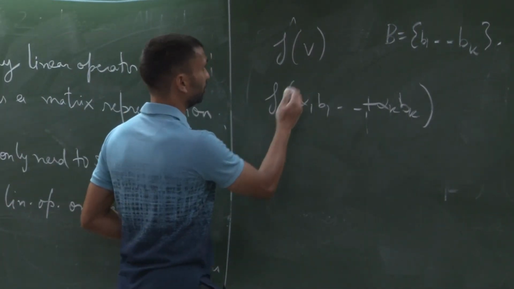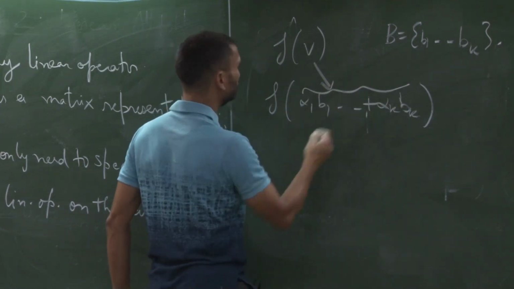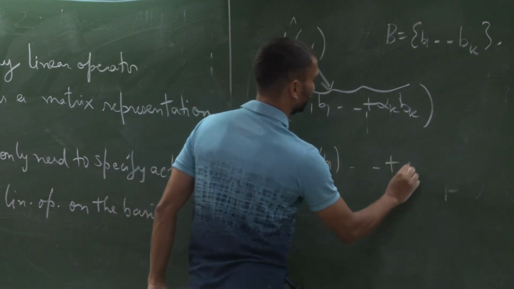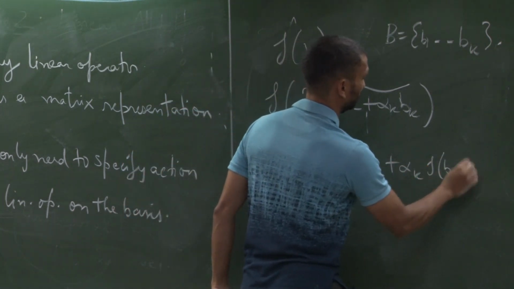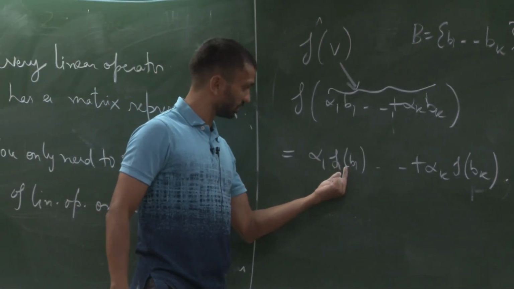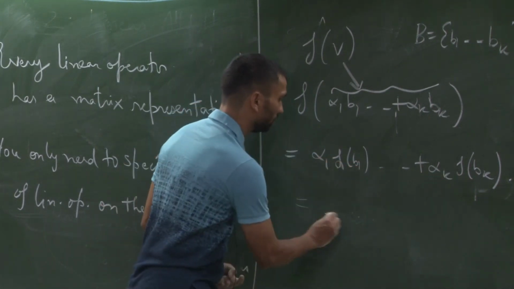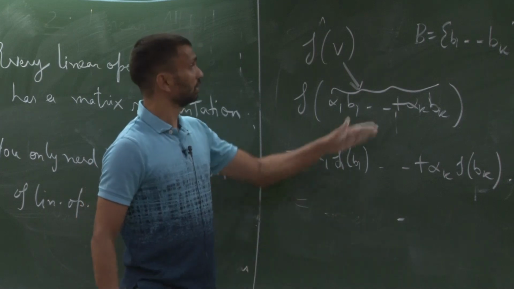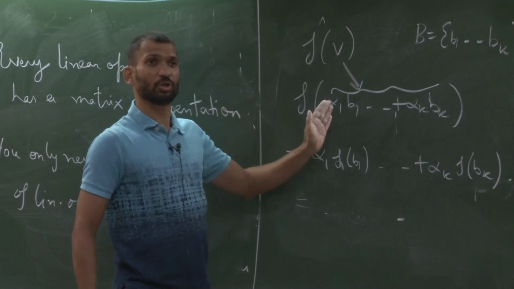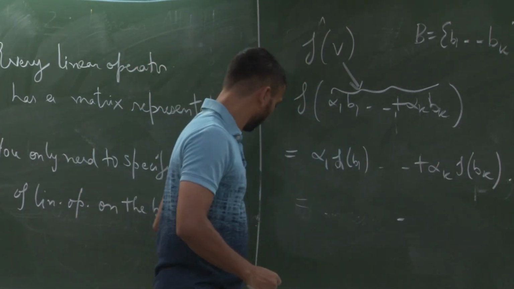Then f(v) can be written as this because B1 to Bk is a basis, and someone has given you these values, so you can compute this thing. That means, as Soham said, if you know the action on the basis, then you know the action on the entire vector space. Correct? Okay, great.